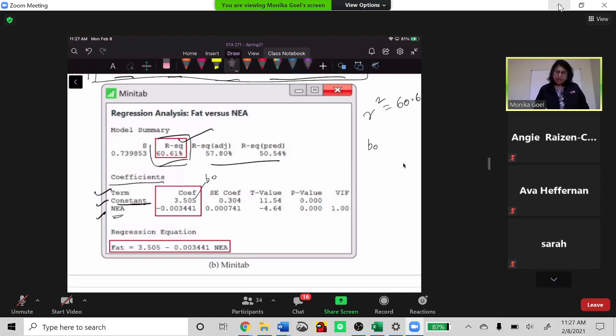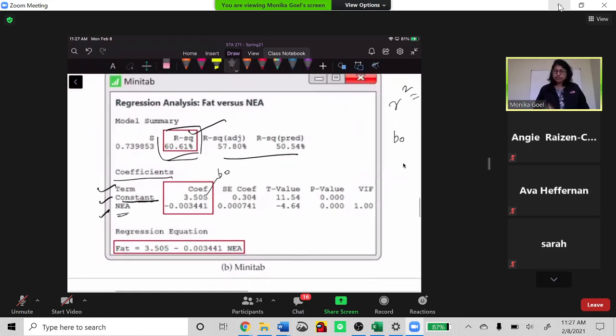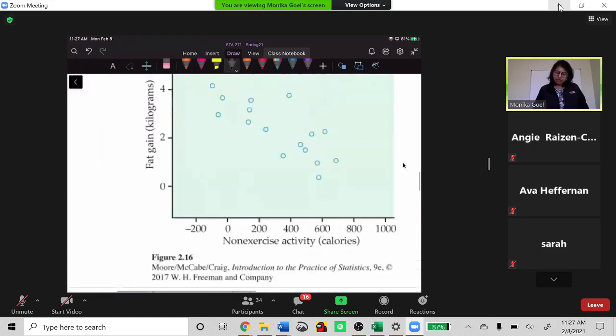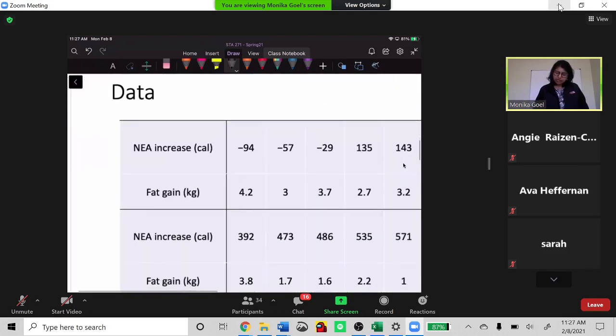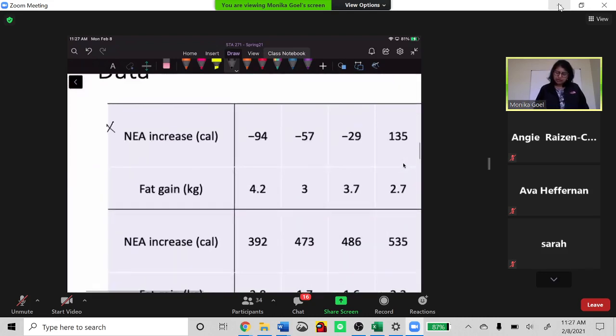And this NEA, when you look at your data set, is my explanatory variable. If this is my explanatory variable, this is my X. If this is my X, and this is my constant, what is my Y? When I go back to my table and see what two variables I'm working with, if this is my X, then definitely this is my Y. So my explanatory variable is NEA increase, and what I am looking for, the predicted value, is my fat gain.